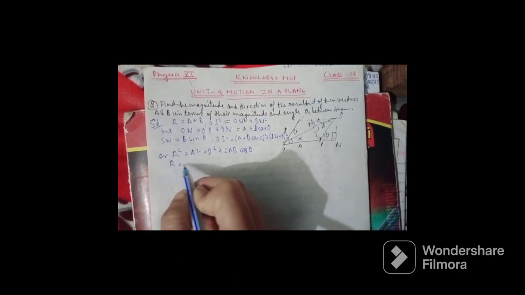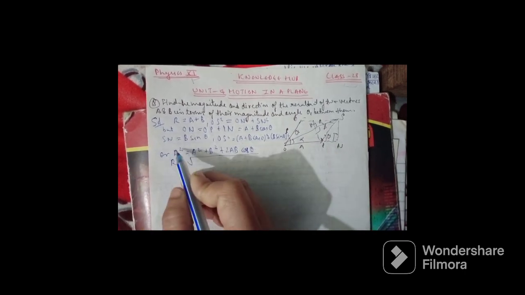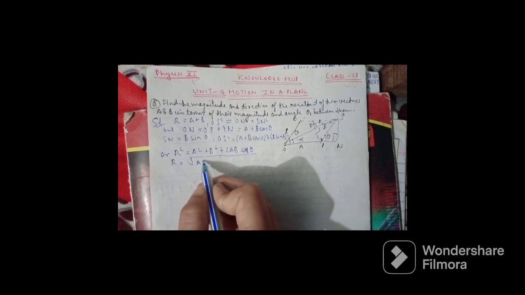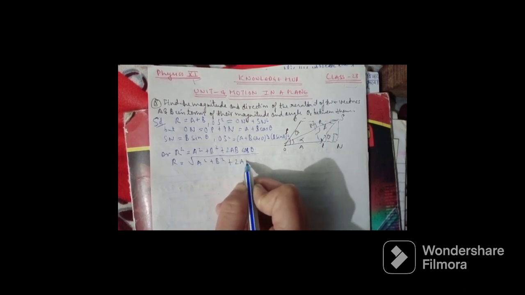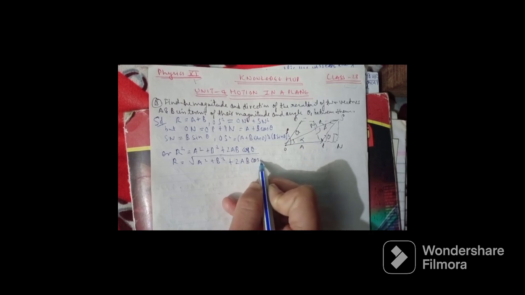where R equals under root A square plus B square plus 2AB cos theta.